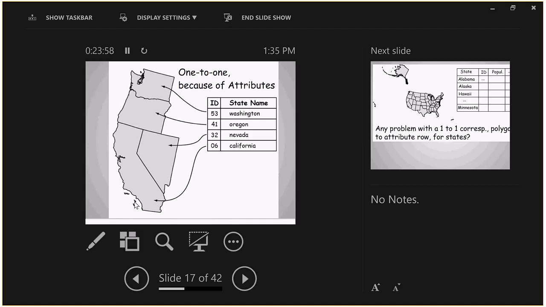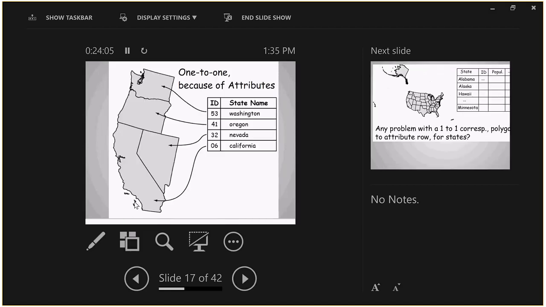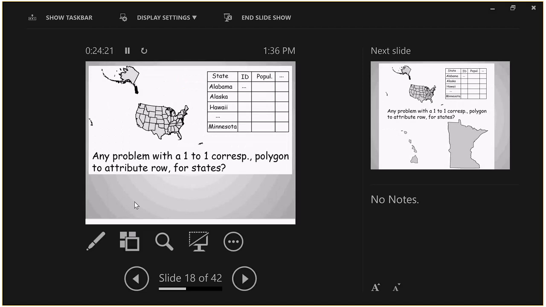So there's not a one-to-one relationship between polygons and features. Sometimes a single feature is made up of many polygons or many lines, not quite as common, or many points. Okay. So that's what this is trying to say.